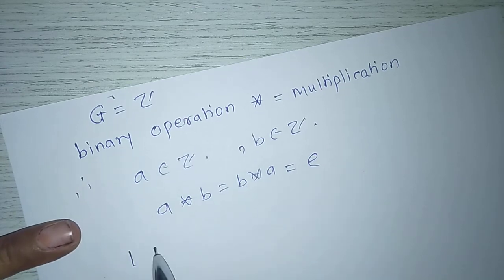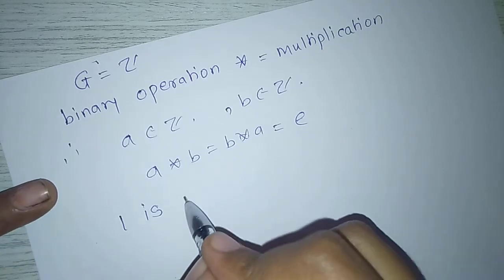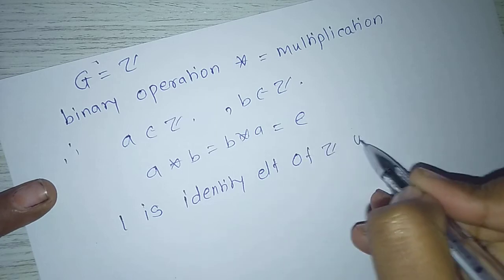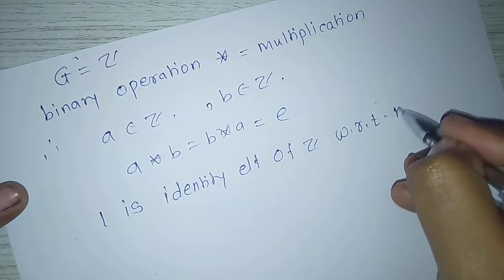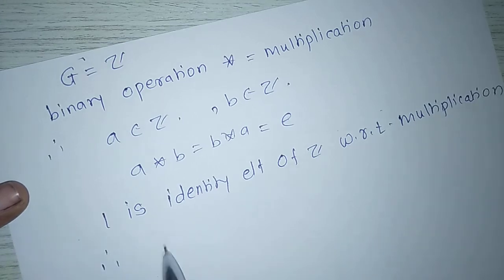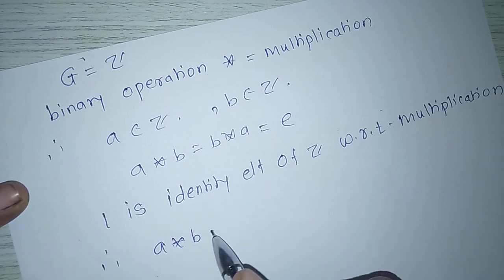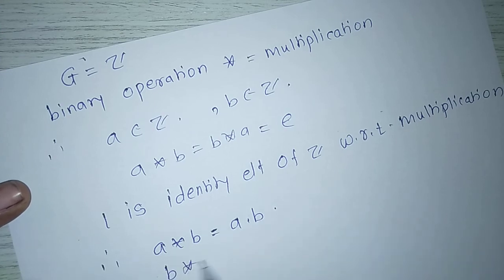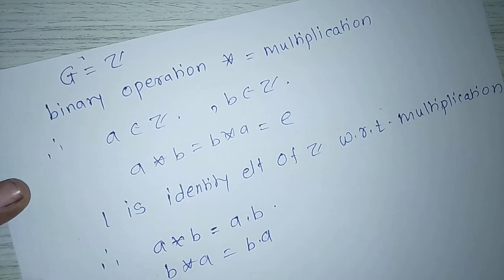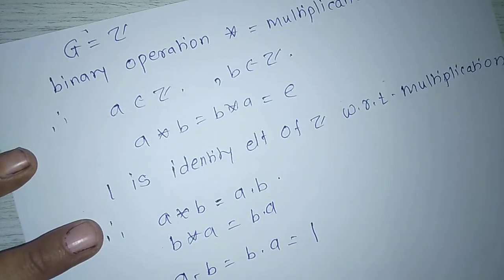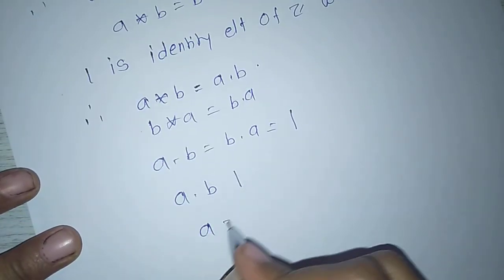Here 1 is the identity element of Z with respect to multiplication. Therefore a into b equal to b into a equal to 1. a into b equal to 1 means a equal to 1 upon b.